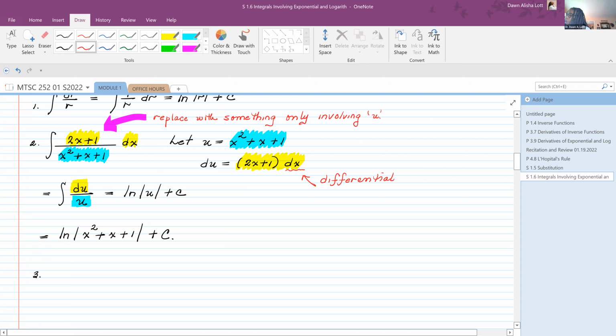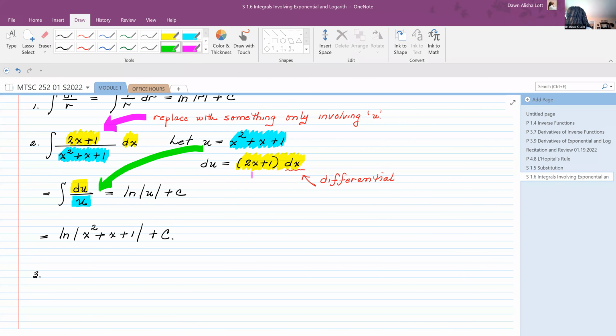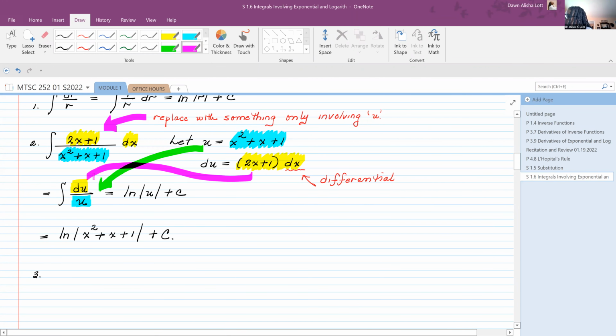When I have this x squared plus x plus 1, I made that u. So since that's u, it goes into the bottom there. And since the whole 2x plus 1 dx is actually in the numerator, remember that this dx is multiplied by the whole 2x plus 1, which is why I have this parentheses. And that whole thing goes up here in the du section.